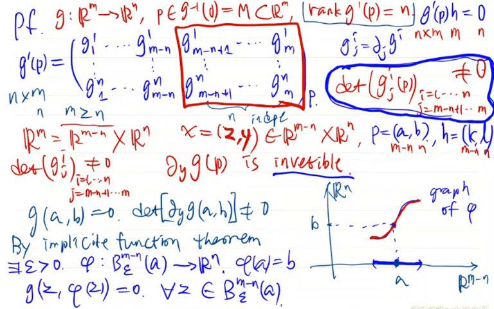Okay, and we also know how to compute the derivative of this implicitly defined map phi.